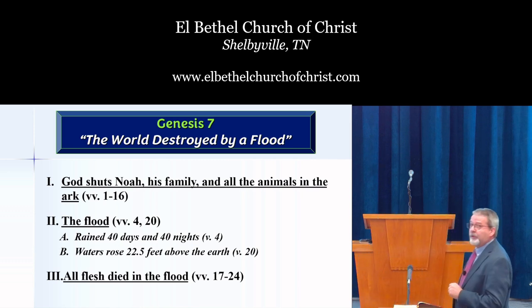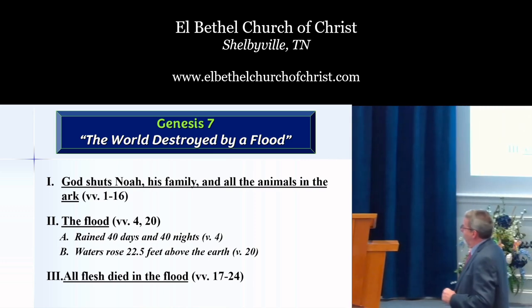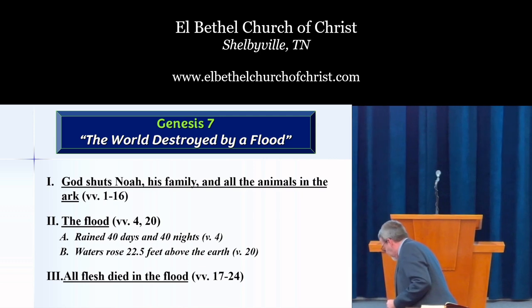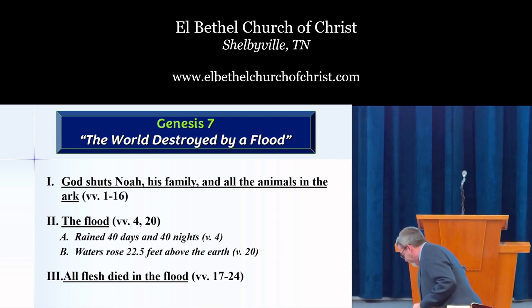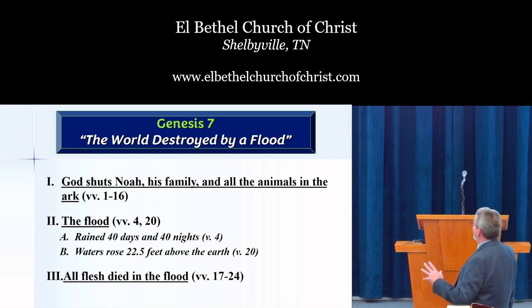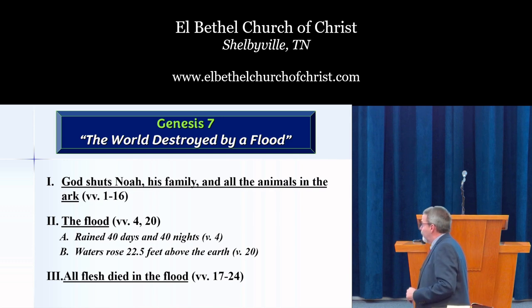All right, let's go to chapter 7 now. We want to say more about the flood at the end of chapter 7. What's chapter 7 about? All right. The world is being destroyed by a flood. This is the flood itself. So we have 3 things that happen in chapter 7.